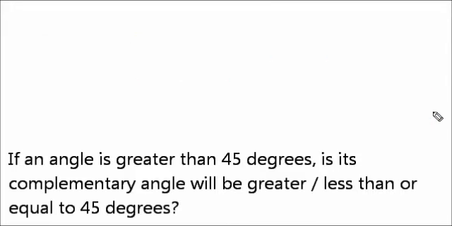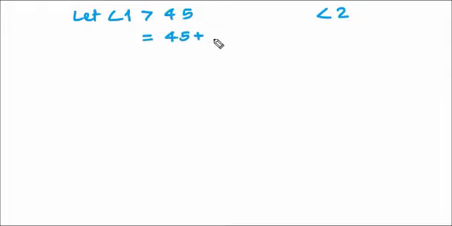If an angle is greater than 45 degrees, is its complementary angle greater than 45 degrees, equal to 45, or less than 45? Angle 1 is greater than 45, and what we need to find is angle 2. Now if angle 1 is greater than 45, that is going to be equal to 45 plus some number x.